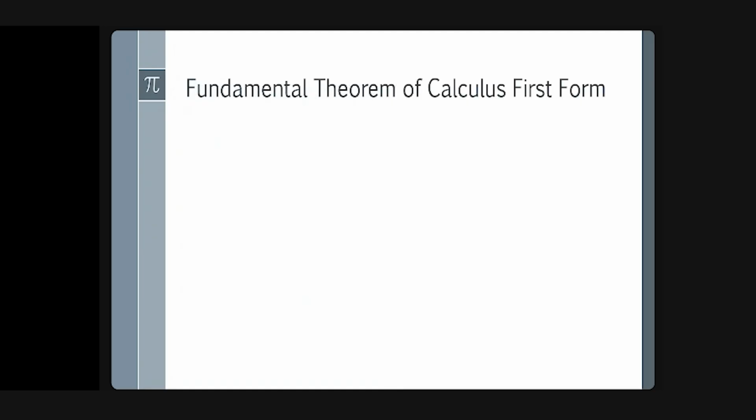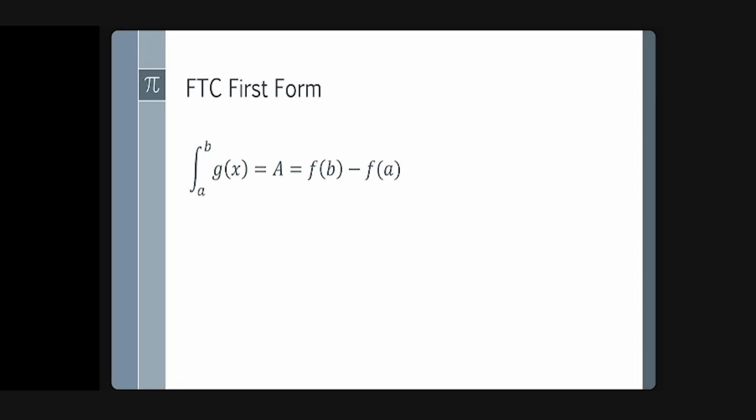Now it takes us to the fundamental theorem of calculus, first form. So what does it talk about? You may have noticed that all this integrability and integration was way different than what we did in school, right? In school, we used to have some function g(x), and when we integrated it, we calculated a function F, which can be called an integral function.